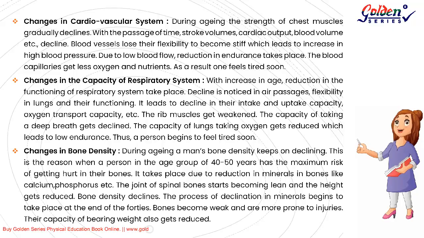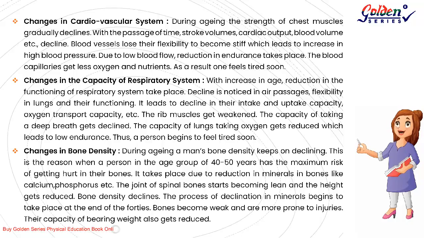Changes in bone density. During aging, a man's bone density keeps on declining. This is the reason a person in the age group of 40 to 50 years has a maximum risk of getting hurt in their bones. It takes place due to reduction in minerals in bones like calcium, phosphorus, etc. The joints of spinal bones start becoming lean and the height gets reduced.